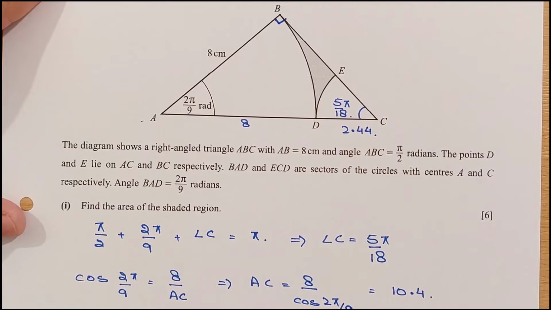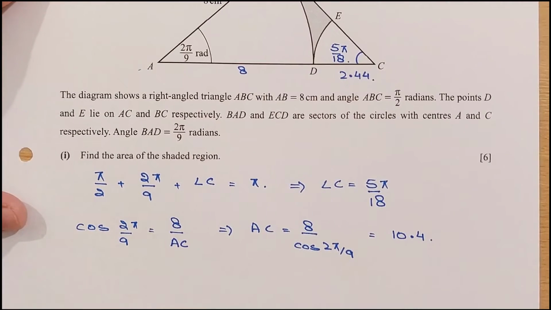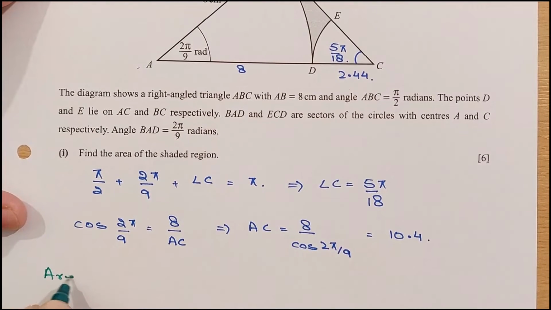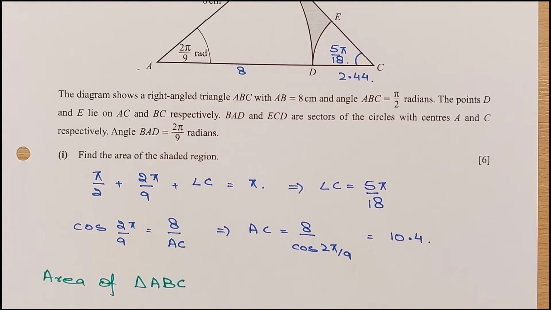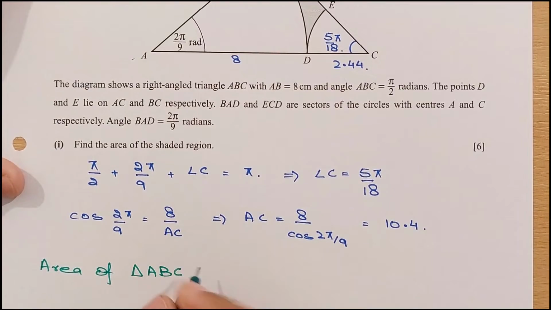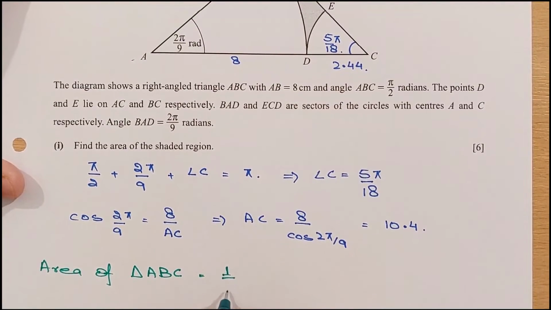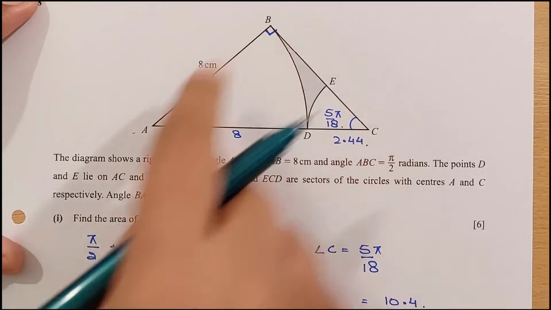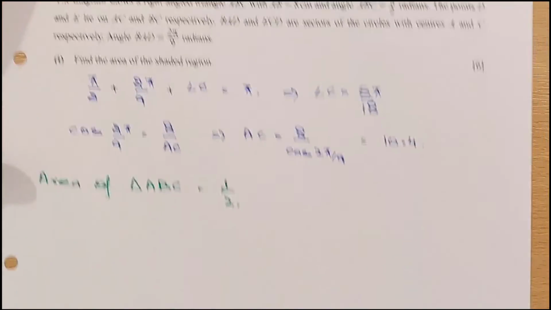Okay, now let me find the area of the triangle. For the area of triangle ABC, you can use half base times height, or you can use the other formula with sine. Yes, so let me use half times the two sides AB and AC, and the sine of the angle between them, right?